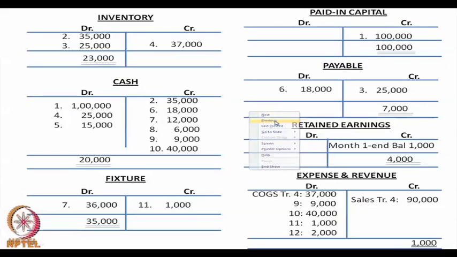So, friends, we have now created the ledger accounts. We have made the entries for all the transactions. Now, we have to find out the sum total for each account. That is what we have done here. For assets, the left hand side will be always positive, and for liabilities, the right hand side will be always positive.